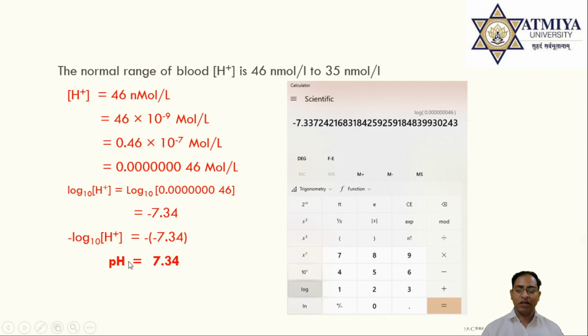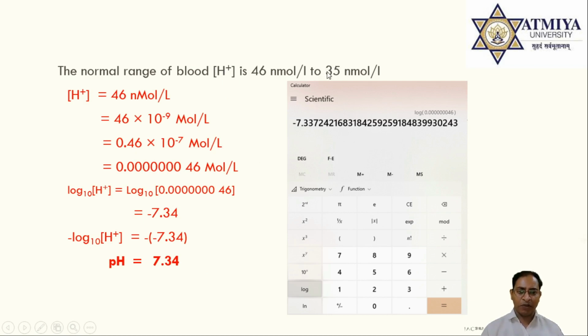Now you can see that pH is 7.34. So it is better to say that the pH is 7.34 rather than saying that the hydrogen ion concentration in our blood is 0.46 times 10 to the power minus 7 mole per liter.